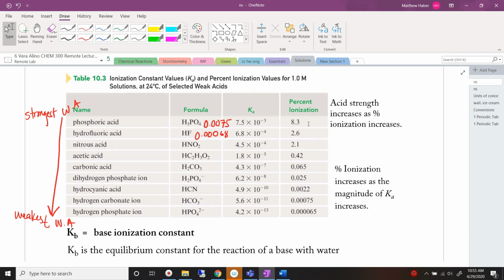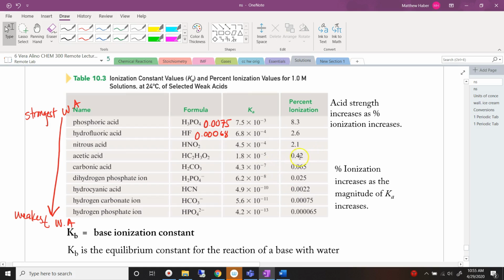It means that if you drop 100 phosphoric acid molecules in there, roughly 8.3 molecules have ionized, while the remaining 91.7 or 92 molecules remained intact. And if you look at your hydrofluoric acid, that's where I got the value of 3. That's where it came from, the percent ionization. So it just gives me a rough idea of how many molecules have ionized and how many have remained intact.